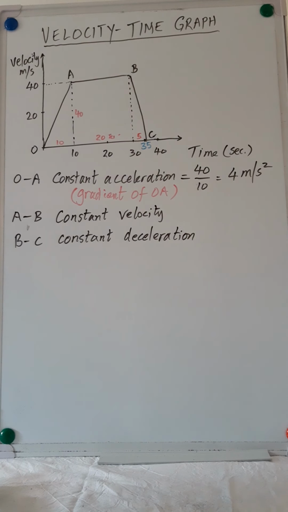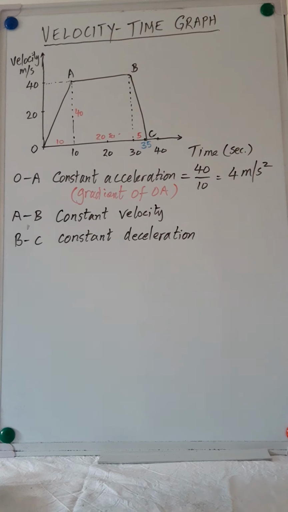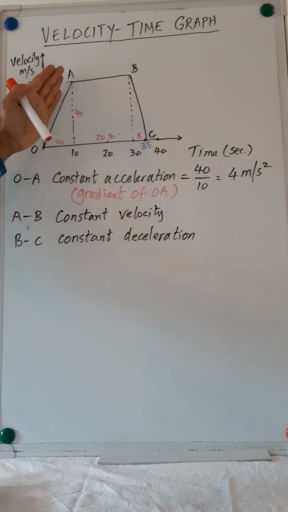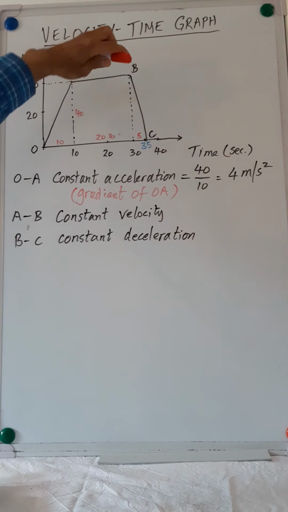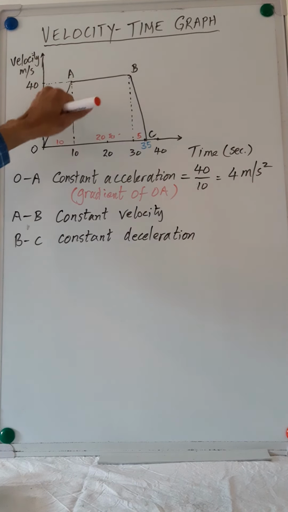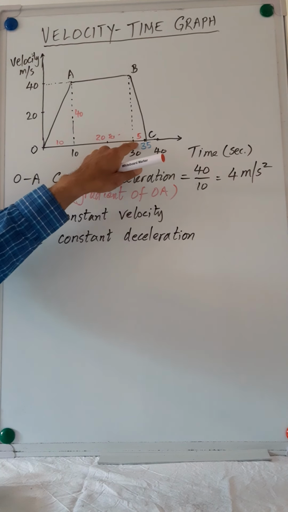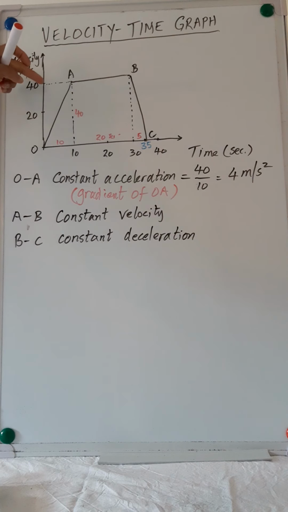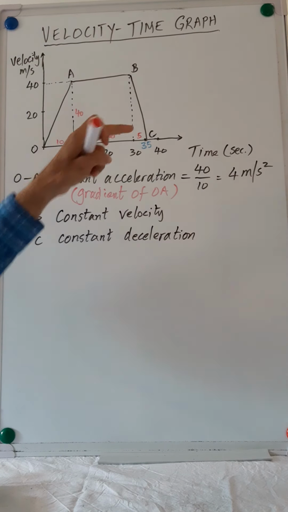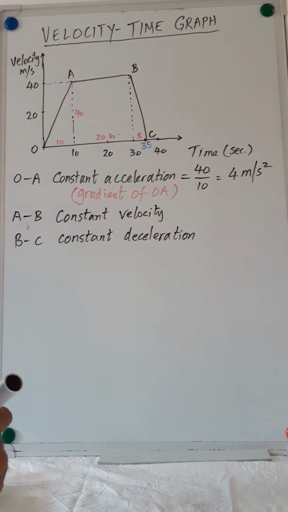Now, which one is greater, the acceleration or deceleration? As you can see, the gradient of the graph here is shallow, while this one is much steeper. That means the velocity is changing much more quickly. It's only taking 5 seconds to change from 40 meters per second down to 0. So the deceleration is much greater because it has a steeper gradient.